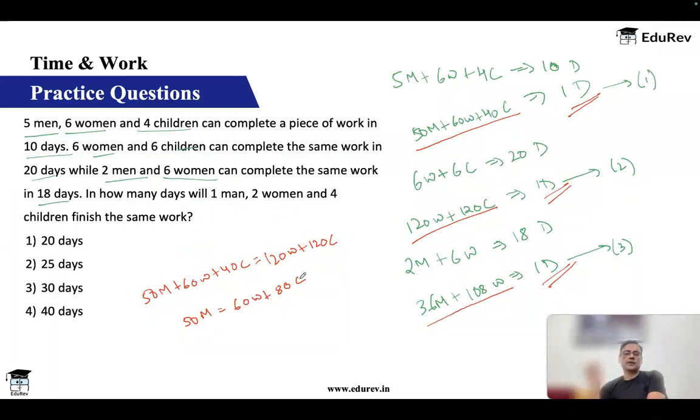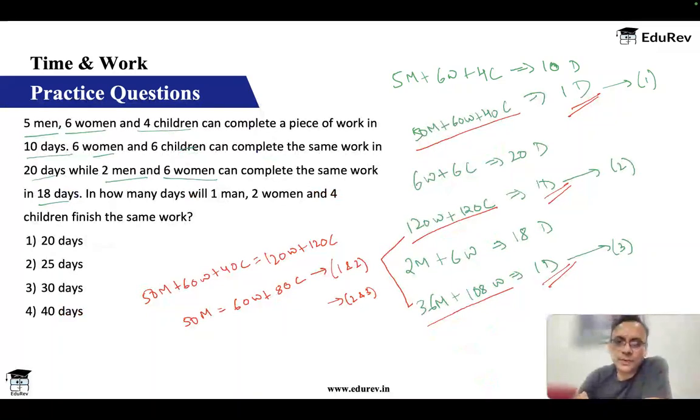Then if I look at the third one, I have 120 women and 120 children in the second equation, and 36 men and 108 women in the third one. So which equation should I take next? This is what I got by combining 1 and 2. Similarly, let's combine 2 and 3.